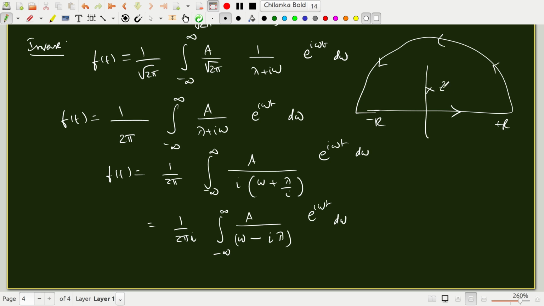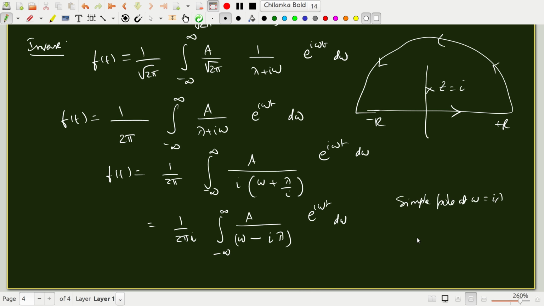There is a simple pole at omega is equal to i lambda, right?